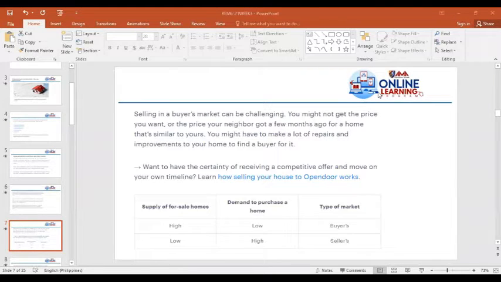While if the supply of homes for sale is low, the demand to purchase a home is high, so this type of market is a seller's market.